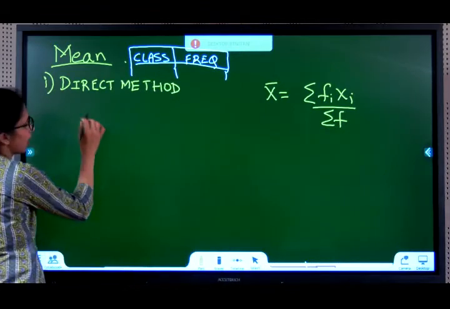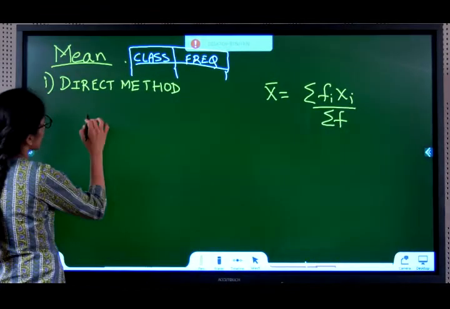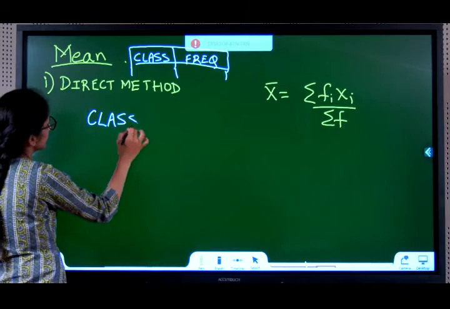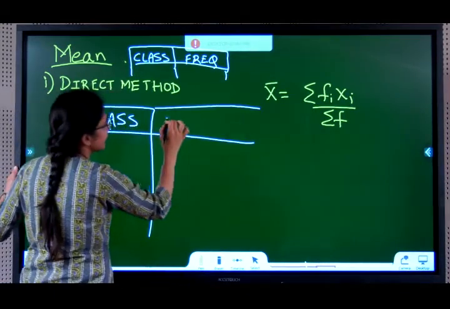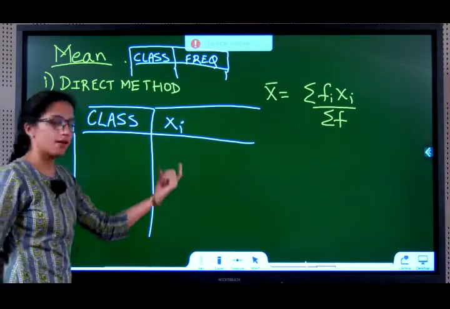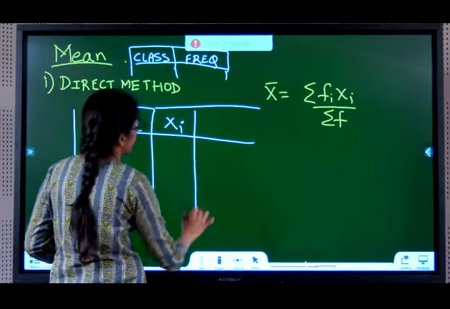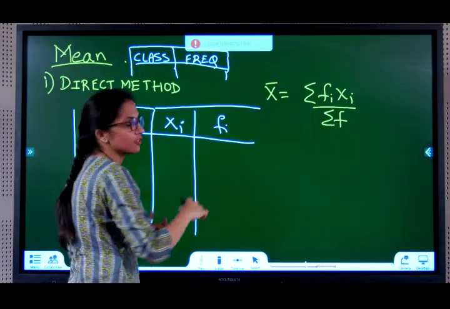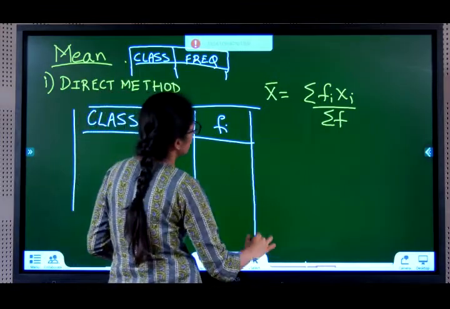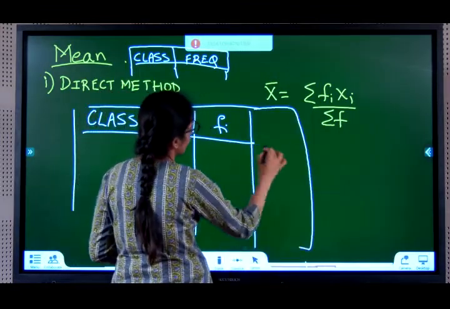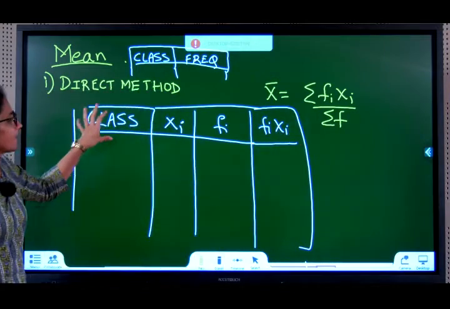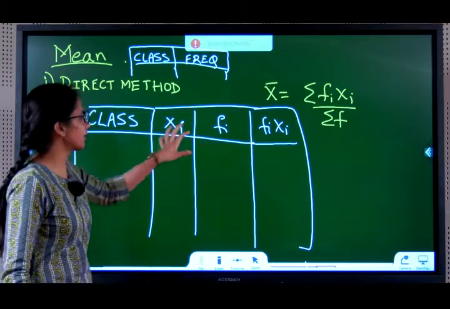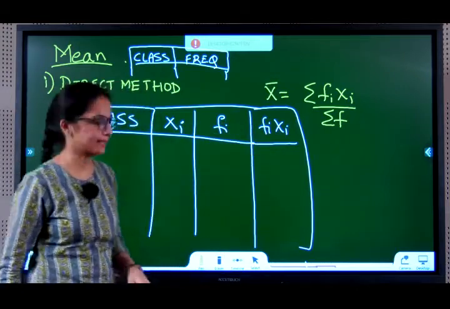So what will our columns be? We have class. From class I can find xi, which is my class mark. Fi is given in the question, the frequency. From this I can now find fi into xi. I have class, find xi, fi is given, multiply these two and find fi xi.